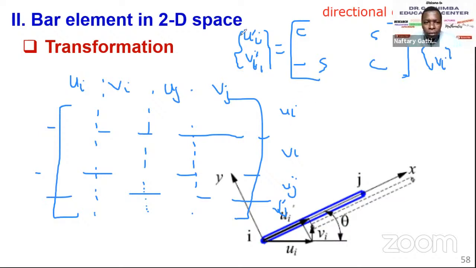So what does this tell you? This tells you that here we can say, of course, this is UI, and this is VI.